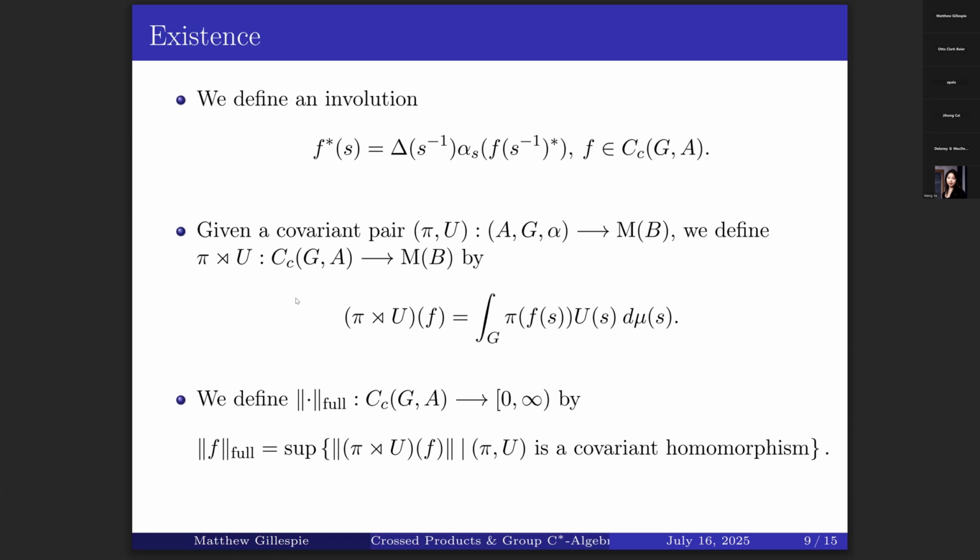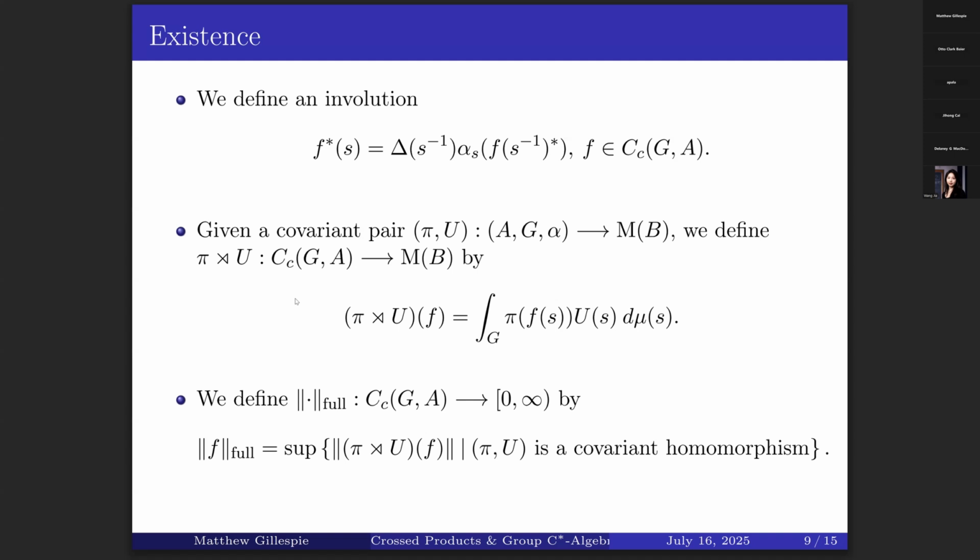Right. So we have this norm where I'm supping over all covariant homomorphisms of the system. Now, some of you may have an objection to this because, first of all, it's not obvious that this norm is even finite when I take the supremum over all of these covariant homomorphisms. Secondly, I'm actually not even supping over a set technically.